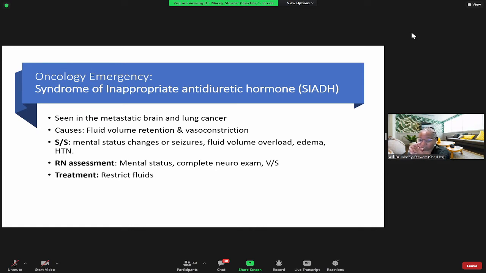They can have some edema, fluid volume overload. So here you need to restrict fluids. And the physician will let you know, patient can only have 1 liter of fluids for 24 hours, or 1,500, or maybe only 500.